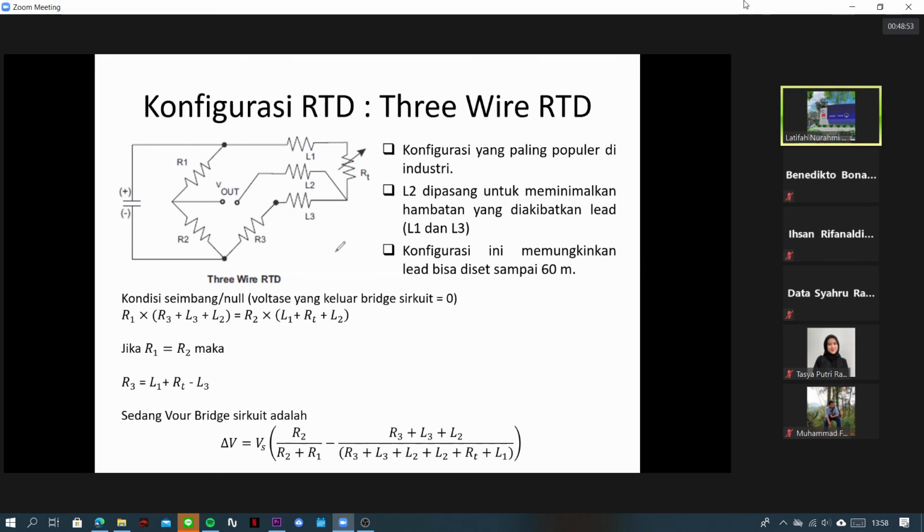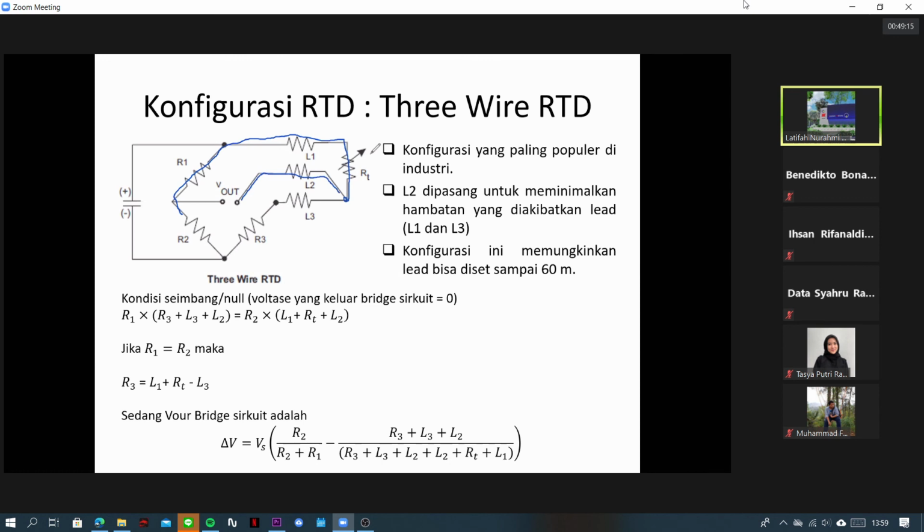Oke, kita mengukurnya dari di sini ada L1, L2. Jadi ini V out yang terhubung, seakan-akan dia yang ambil dari poin ini. Kemudian ini L2.